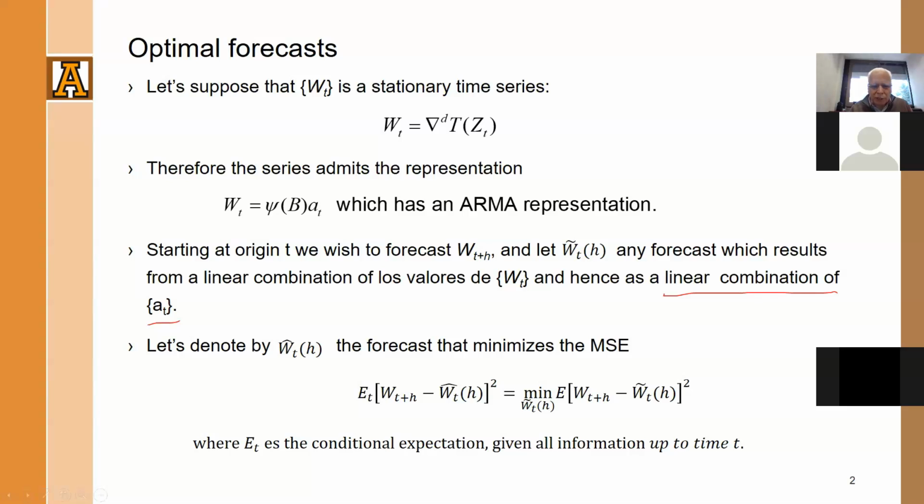By saying conditional expectation at time t, we mean the expectation given that we know WT, WT minus 1, WT minus 2, and so on.